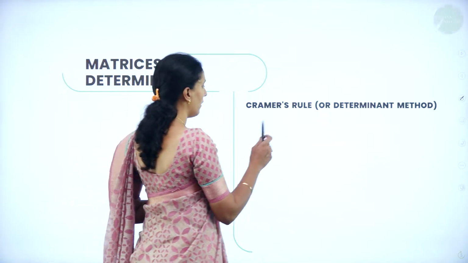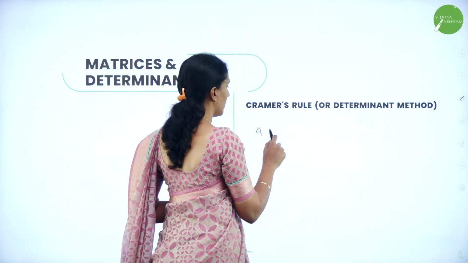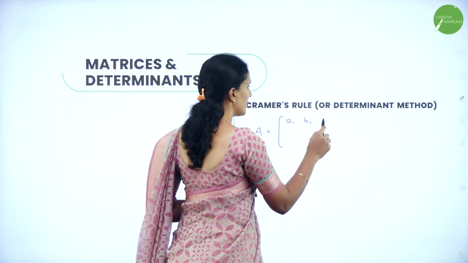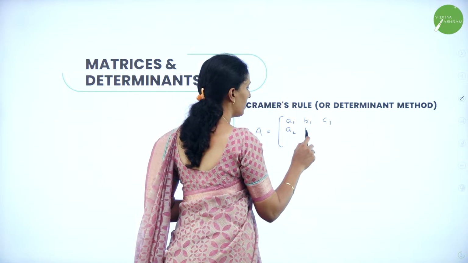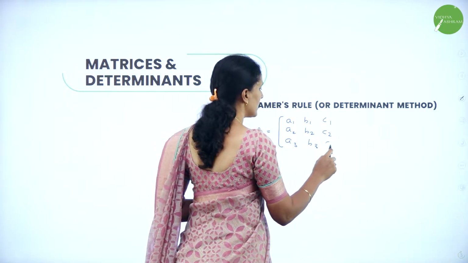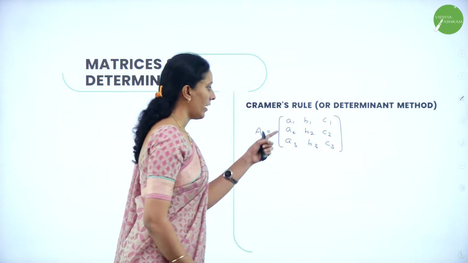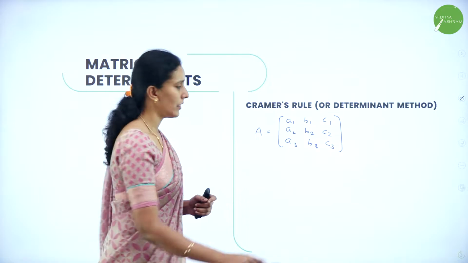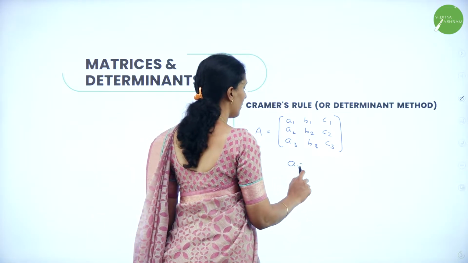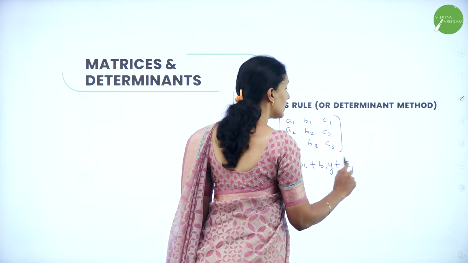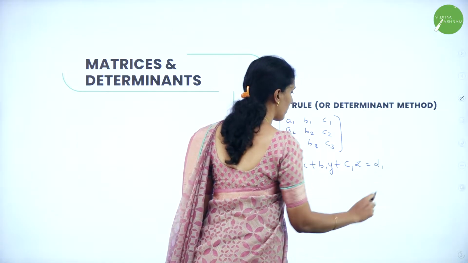Suppose we have a matrix. Let me consider this as A1, B1, C1, A2, B2, C2, A3, B3, C3, where A1, B1, C1 are the coefficients of a linear equation of the form A1x plus B1y plus C1z is equal to D1.